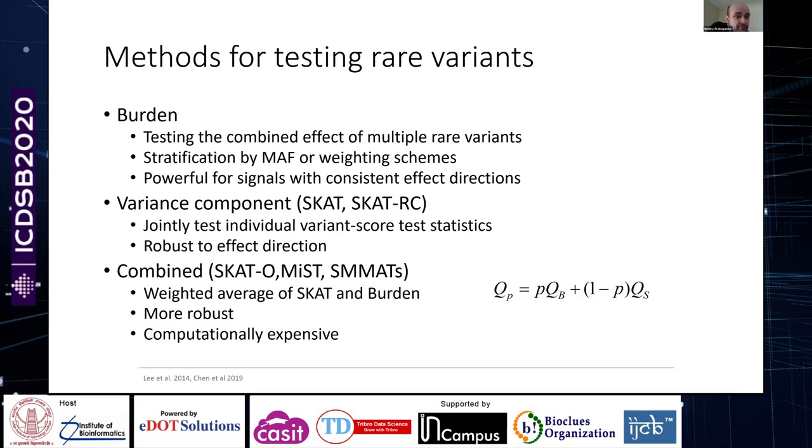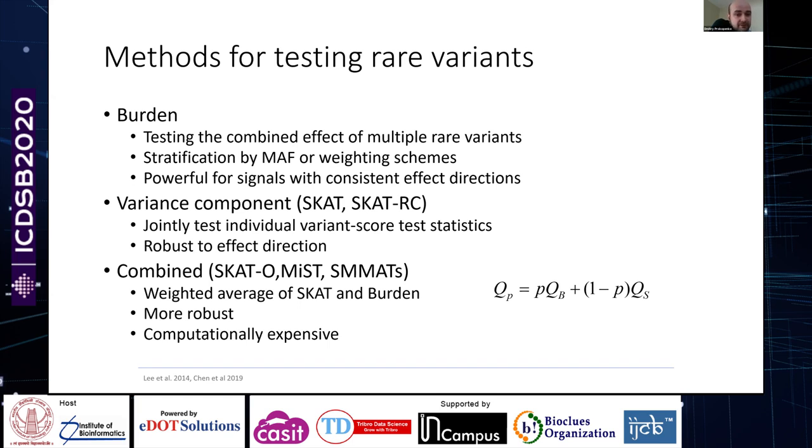There are different modifications based on weighting schemes, such as minor allele frequency stratification. Those tests are powerful for signals with consistent effect directions, where all rare variants tested are either risk or protective, so have the same effect direction.